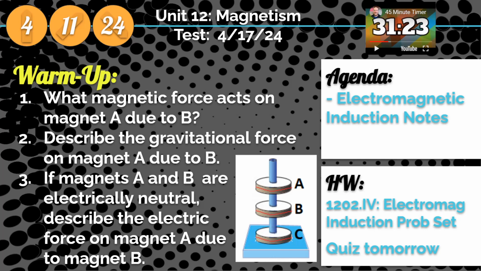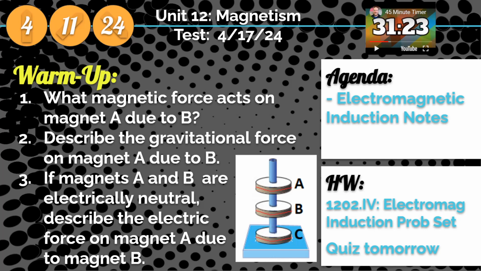That's number 2. Number 3, if magnets A and B are electrically neutral, describe the electric force on magnet A due to magnet B. The electric force or electrostatic force is the third field force that we talked about, and that force is going to exist due to a charge imbalance between two objects. That could mean that you have two objects that both have a negative charge because they both have excess electrons.